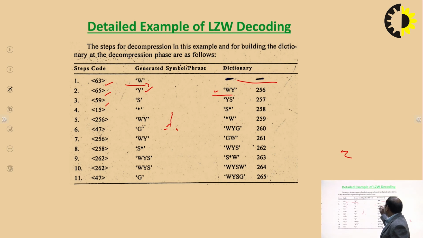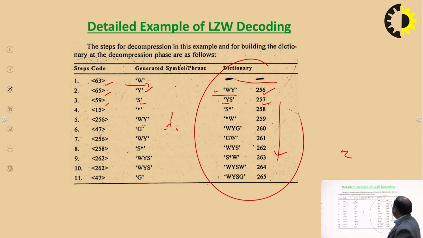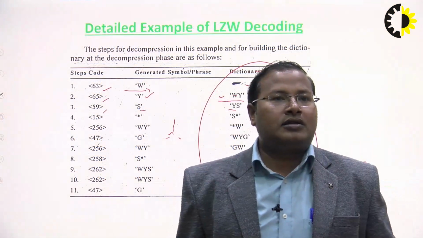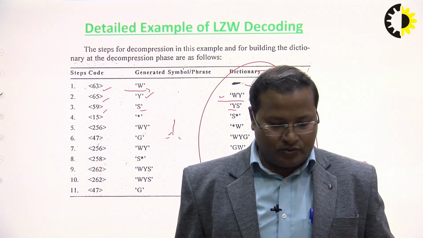So WY will be a new entry, and as the receiver knows that 255 indexes are already engaged, it was placed at the 256. Then S, YS and 256 and so on. So we will get the original message at the receiver side using this decoding technique, that is the LZW decoding.